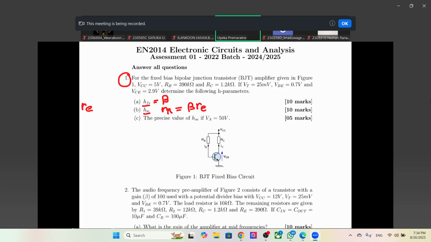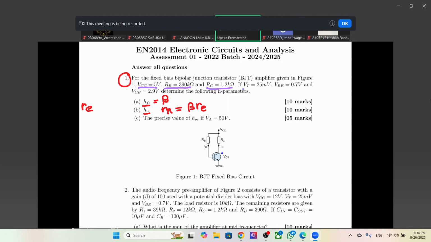In this question, for the fixed bias bipolar junction transistor amplifier shown in figure 1, VCC is 5 volts, RB is 390 kilo ohms, RC is 1.2 kilo ohms.